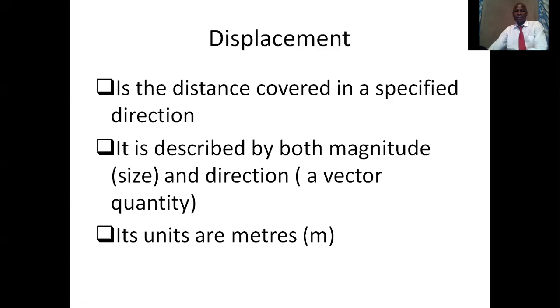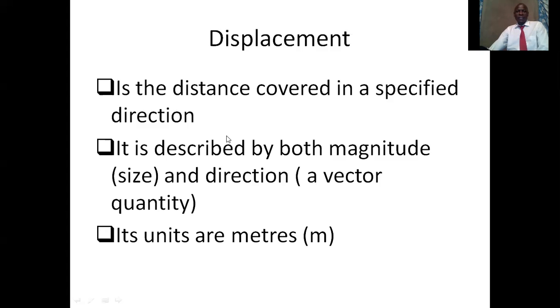Objects in movement. And so, first of all, we need to define what displacement is. Displacement is the distance covered in a specified direction. So if you cover a distance and you specify the direction, that is what is known as displacement. It is described by both magnitude, which is size, and direction.